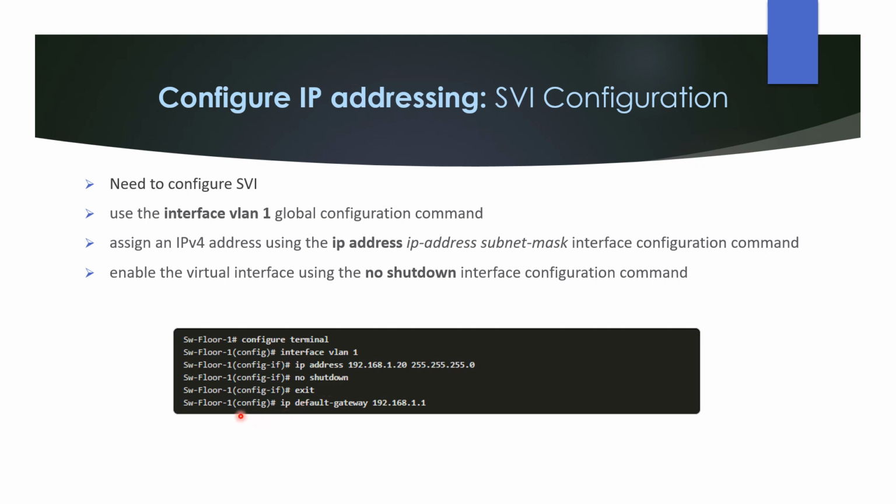And remember that at the switch, we also need to configure the IP default gateway, and that can be done by entering ip default-gateway at the global configuration command.